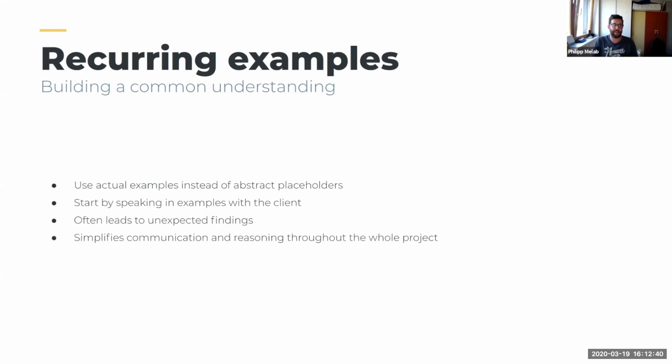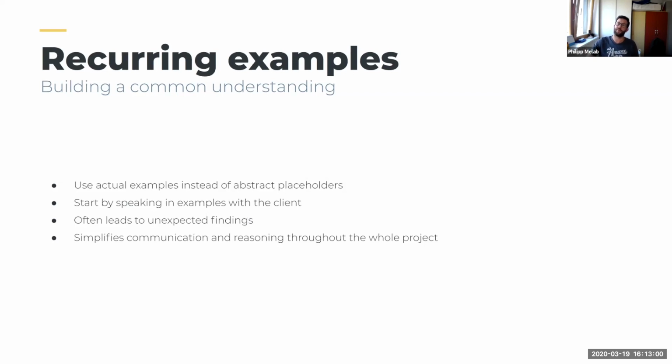Make sure that the examples that you use in your scenarios are as close to real world entities as you can get them. This has the benefit that the scenarios become easier to understand.